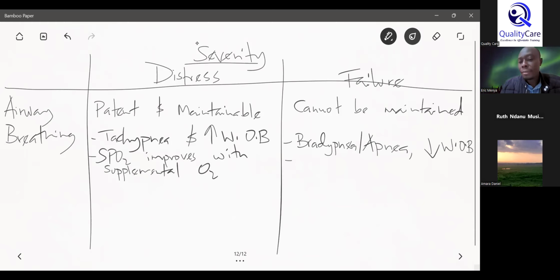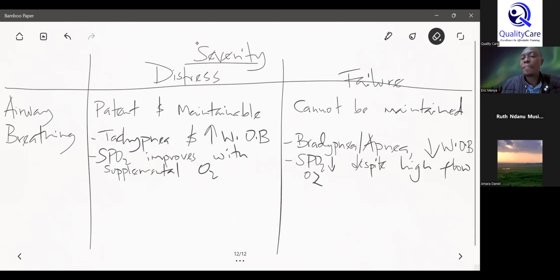Additionally, SpO2 remains low despite high flow oxygen. Despite high flow oxygen, patient saturation still remains below optimal, actually less than 90. That is concerning for failure.